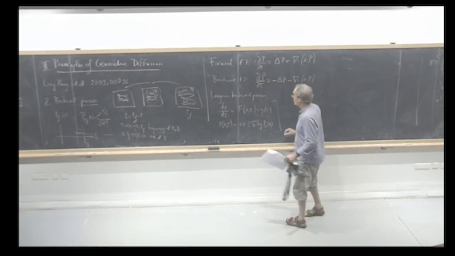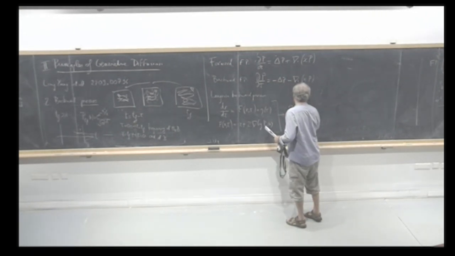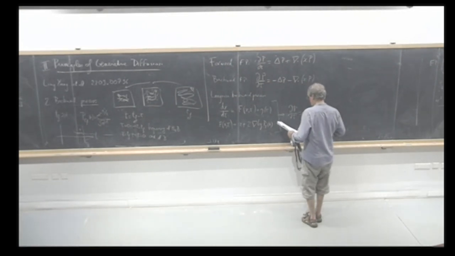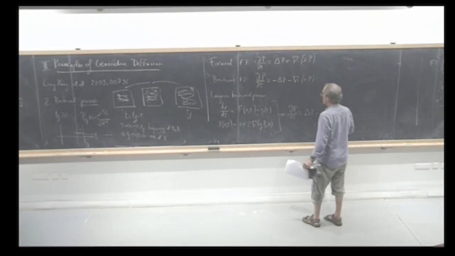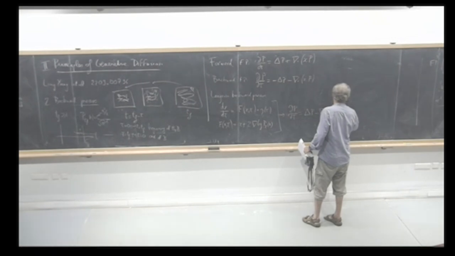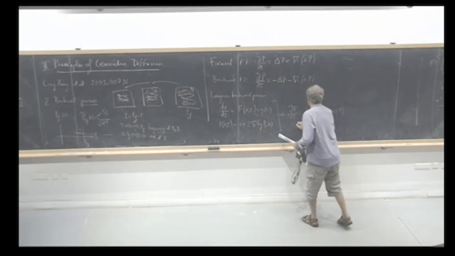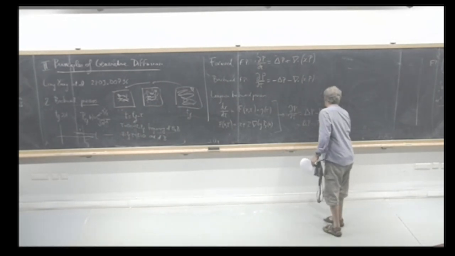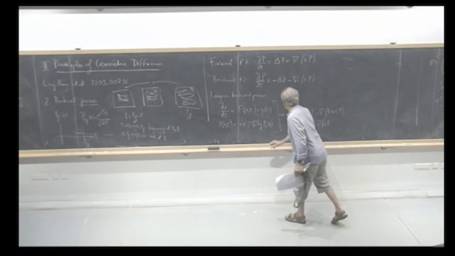I can write the Fokker-Planck equation for this. The Fokker-Planck equation is dp/d tau is equal to Laplacian of p minus the divergence of f of x, tau times p. And so this will be Laplacian of p minus divergence of x times p, which comes from these terms.